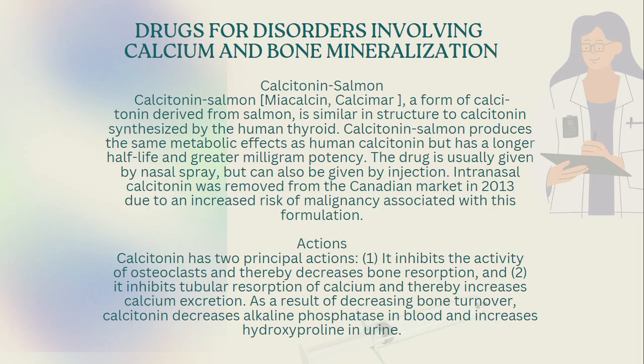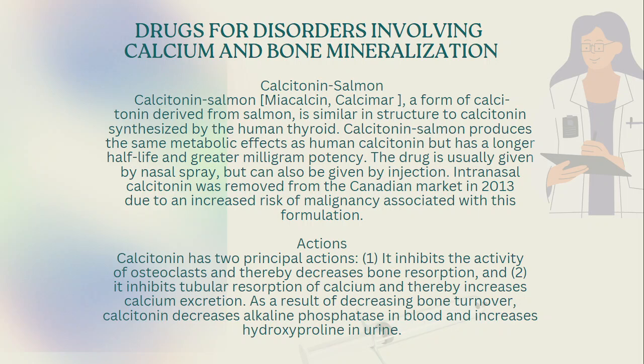The drug is usually given by nasal spray, but can also be given by injection. Intranasal calcitonin was removed from the Canadian market in 2013 due to an increased risk of malignancy associated with this formulation.